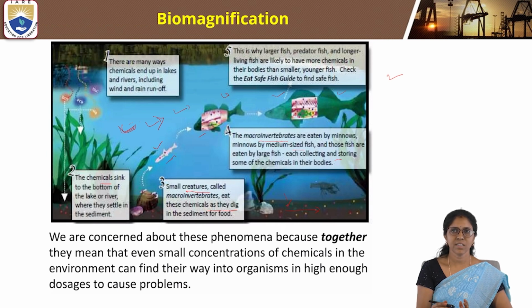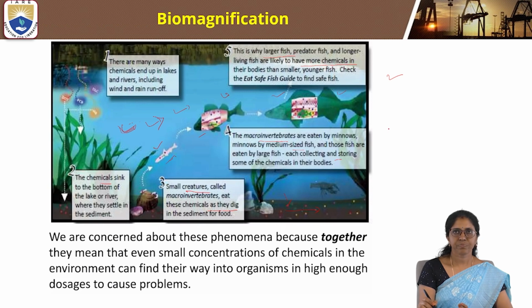This means they are getting more concentrated contaminants in their bodies. In the fifth step, this is why larger fishes, predator fish, and longer-living fish are likely to have more chemicals in their bodies than smaller and younger fish.